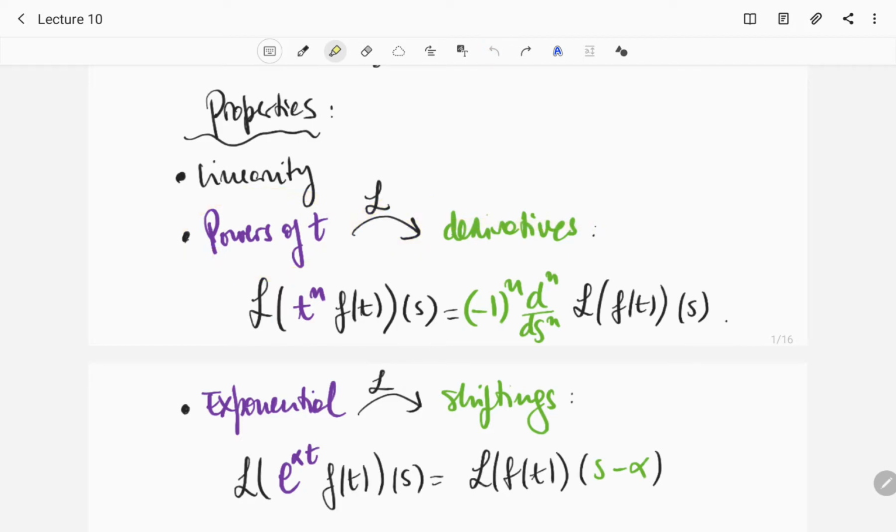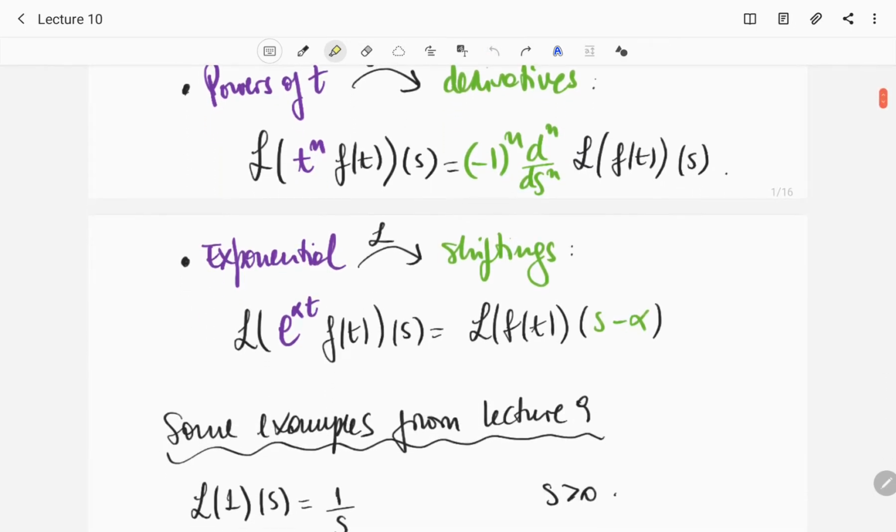What we are saying here is exactly this formula, that if we want to compute the Laplace transform of a power of t times a function, then this goes to the Laplace transform of the function f, and this power of t goes into this derivative here with this minus to the power n.